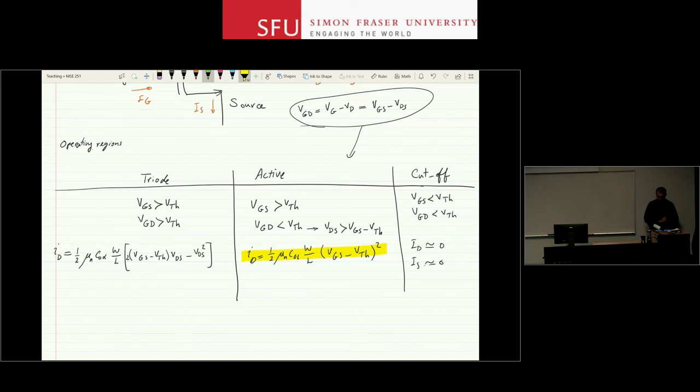One more point I just wanted to make. Now there is an unfortunate naming convention here, where the active region of MOSFETs is called saturation in most textbooks and literature in the field. Why do I say it is unfortunate? Well, because in BJTs that we learned first about, saturation was normally an undesired operating region.